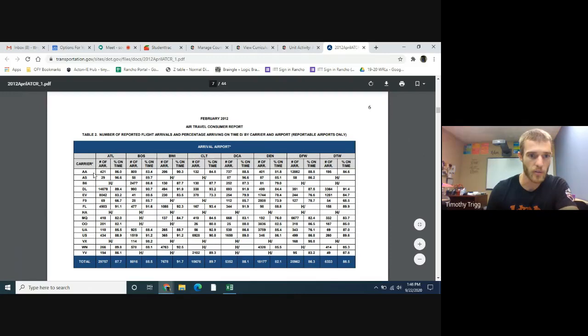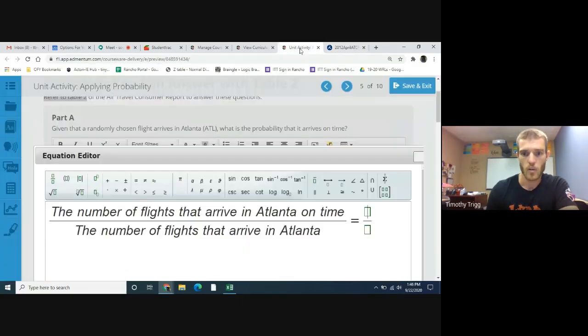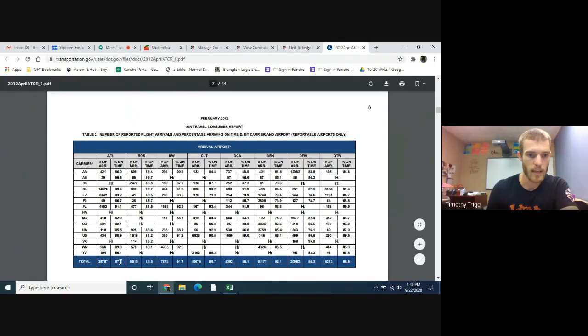For American Airlines, there are 421 arrivals, and 86% of them were on time. But if you look all the way at the bottom, it has the total number of flights and the percentage that arrive on time. So they're already giving us the answer. What's the probability it arrives on time if it arrives in Atlanta? Well, 87.7% of them arrive on time.